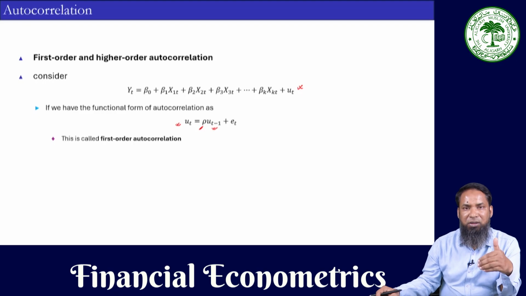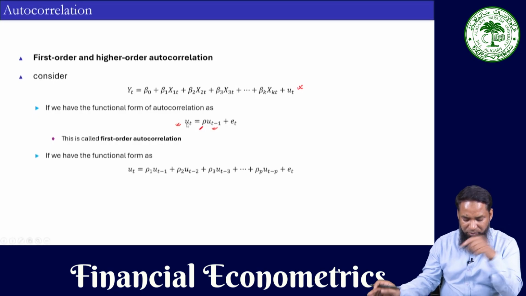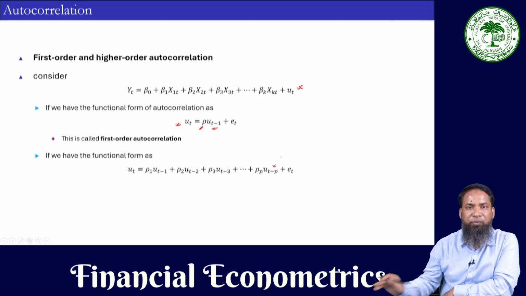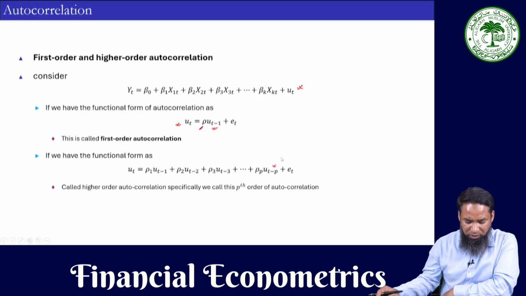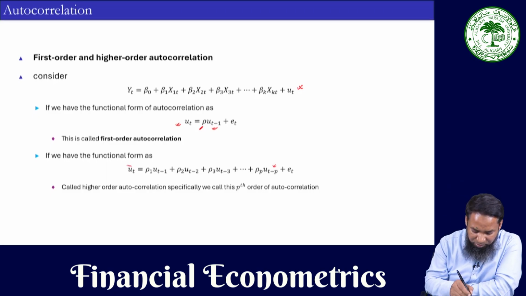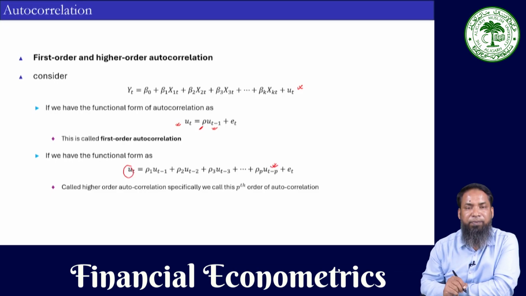Why do we call it first order autocorrelation? Because there is only one lag term of ut which affects the current ut. However, if we have a functional form ut equal to rho1 ut minus 1 plus rho2 ut minus 2 and so on, let us say up to order p, then we call it autocorrelation of higher order, or in this specific case the pth order autocorrelation, because the current observation of the error term depends on p lags of the error term.